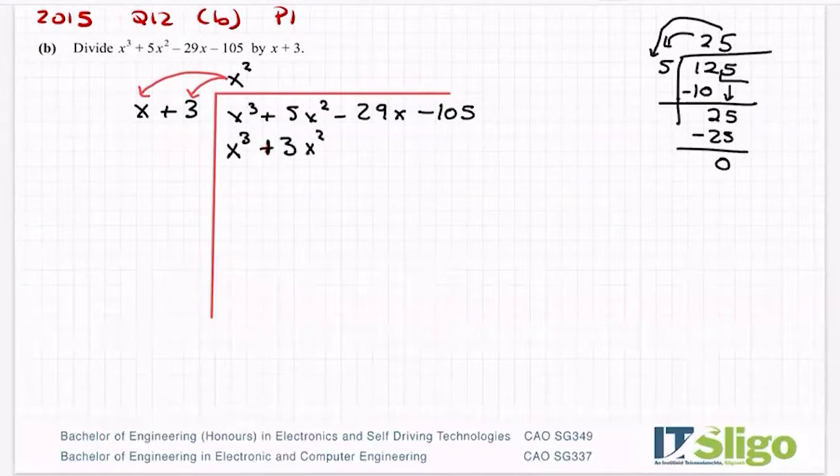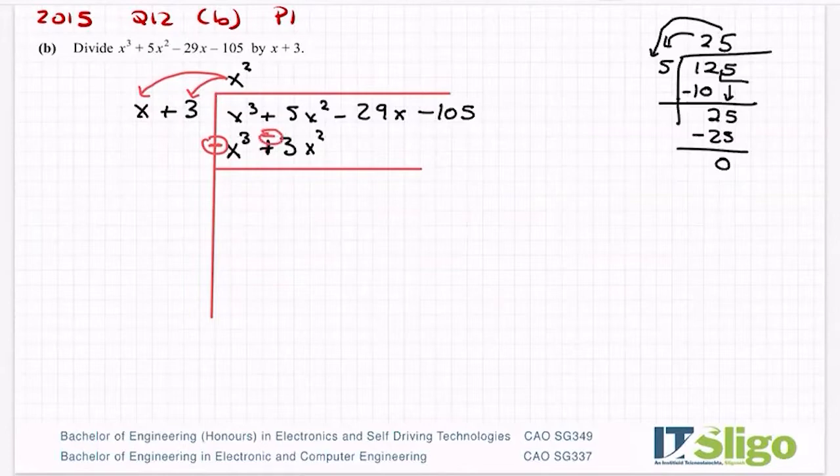You can see I'm putting the x cubes under the x cubes, x squares under the x squares, so that my layout is good and that when I subtract to get remainders, it works. So I need to subtract, or I suppose in algebra, because in secondary school you do plus and minus, I'll describe it as change the sign, change the sign.